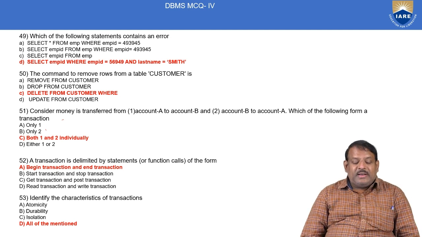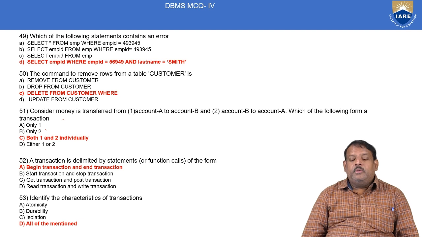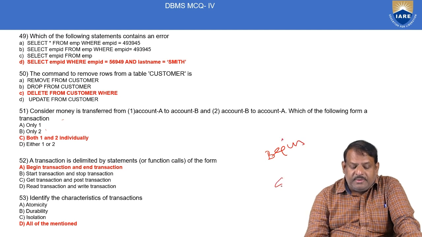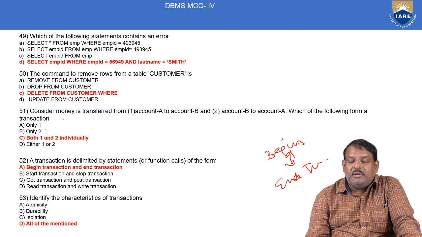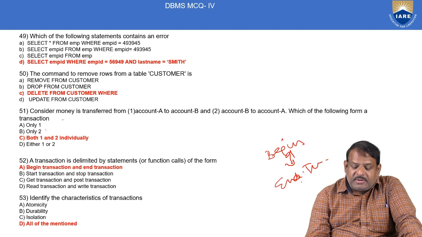Next, a transaction is delimited by statements or functions called what? How do we define a transaction? We define it with BEGIN TRANSACTION and END TRANSACTION, and in between we write our sequence of steps. Your transaction starts with BEGIN TRANSACTION and ends with END TRANSACTION.